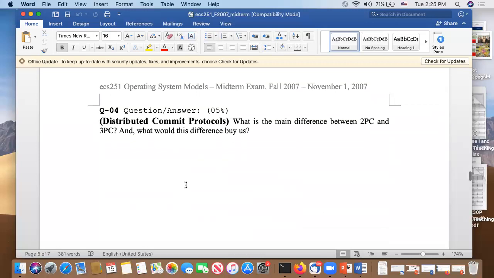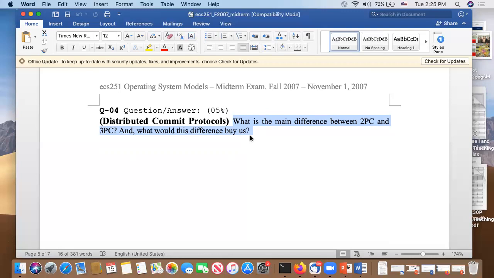And of course, you can see I asked another question, which is also similar. I said, what is the main difference between 2-phase commit and 3-phase commit? Why is the difference important to have?